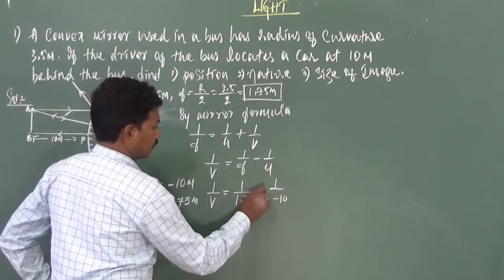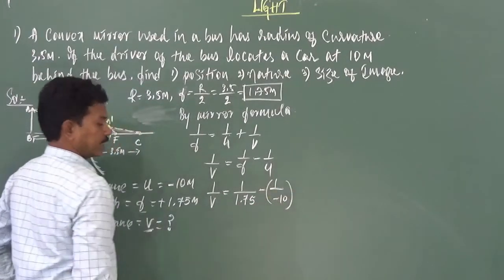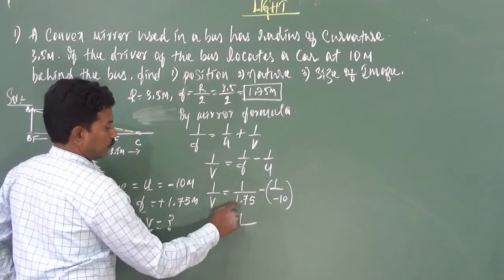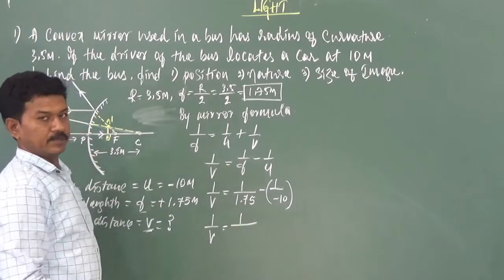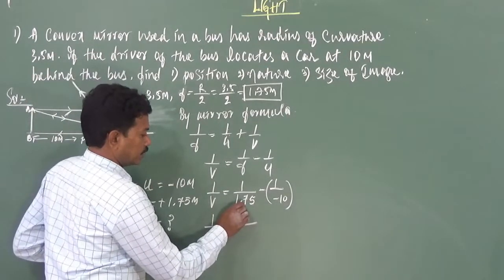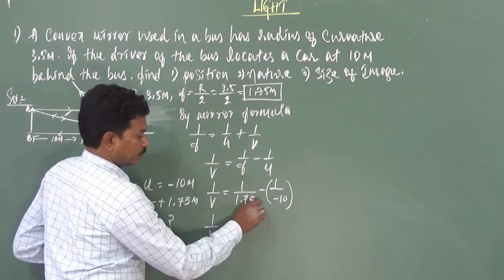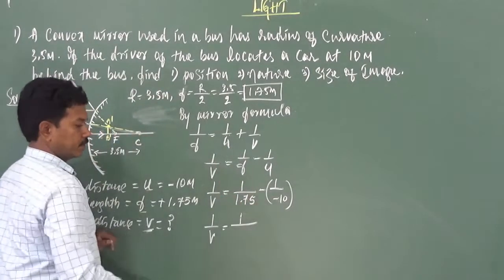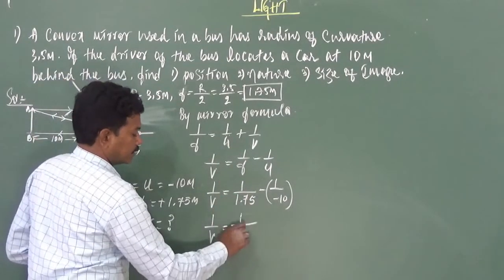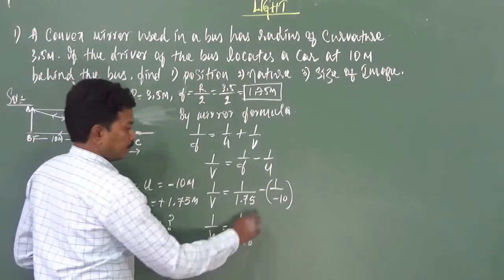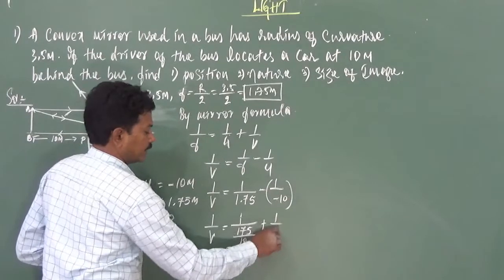As both two negative signs are here, put a bracket there. So 1 by V is equal to 1 by 1.75. It's a decimal, so convert that into a rational number. There are two digits after the decimal point, so multiply by 100 and also divide by 100. When you multiply 1.75 by 100, it becomes 175 by 100. Minus into minus is plus 1 by 10.